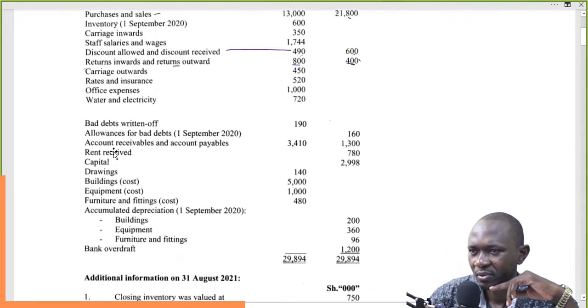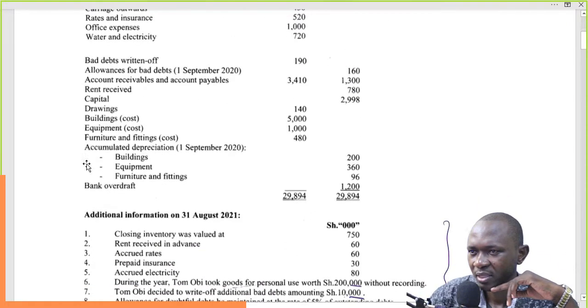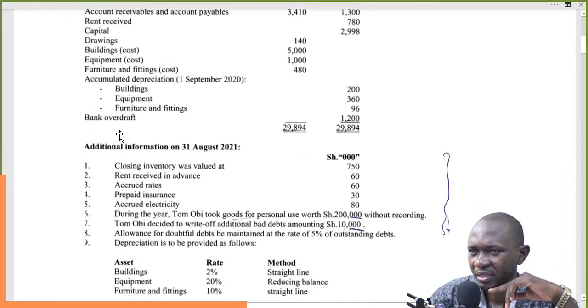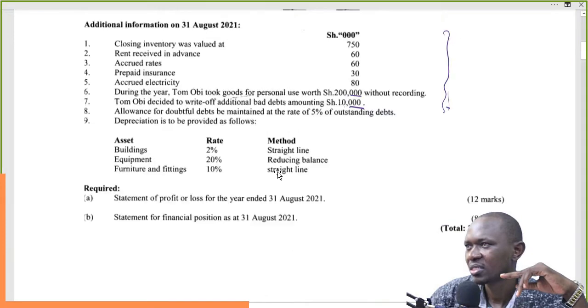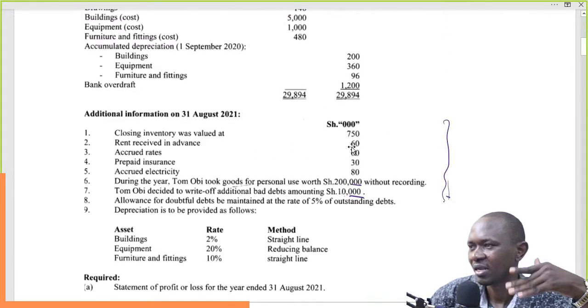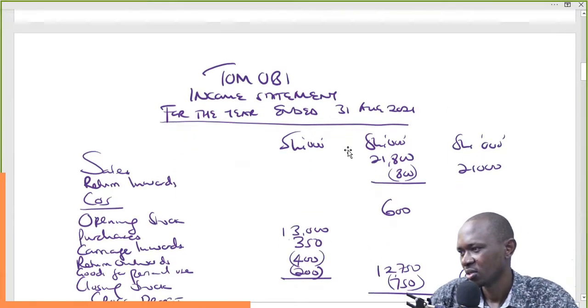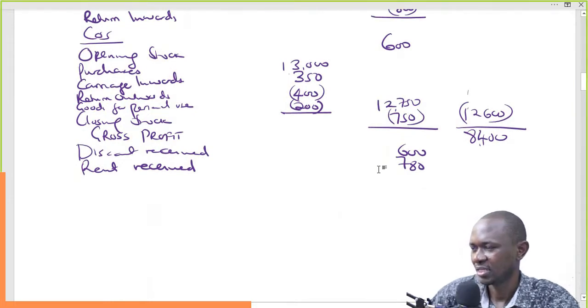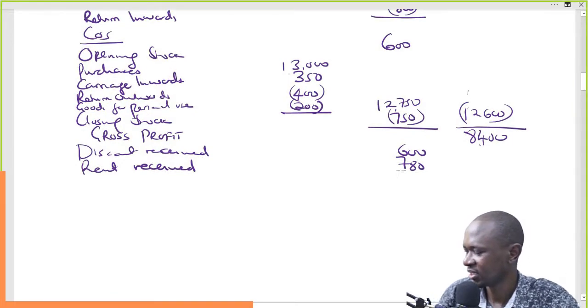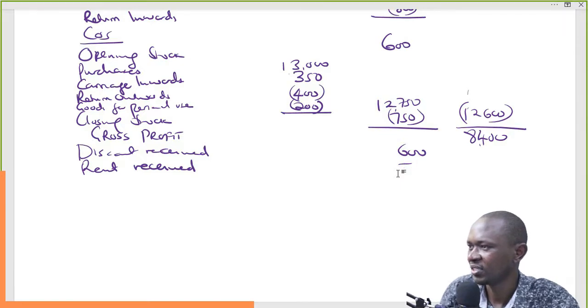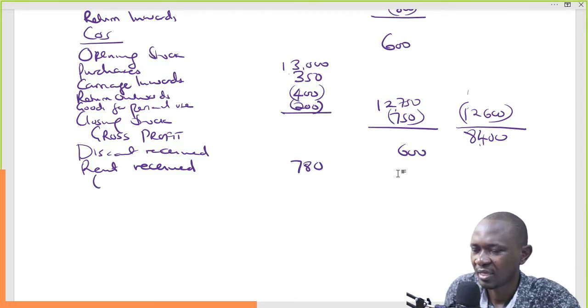So rent received, we have identified rent received. Let's check. There's nothing over there. Now rent received in advance 60, so it means 60 was received in advance. It doesn't belong for this year, so we are going to less it. So we'll say rent received 780 less advance rent.